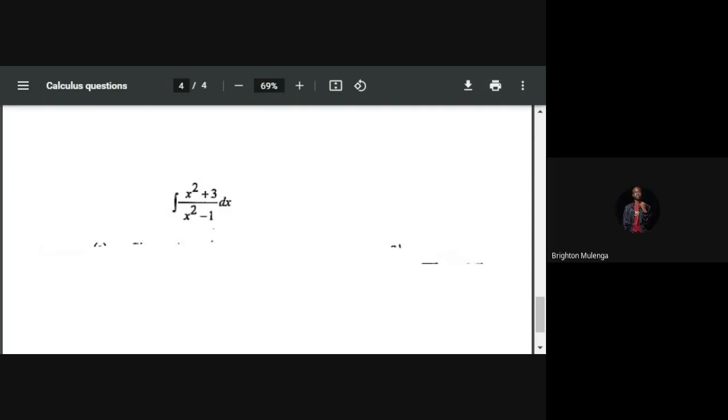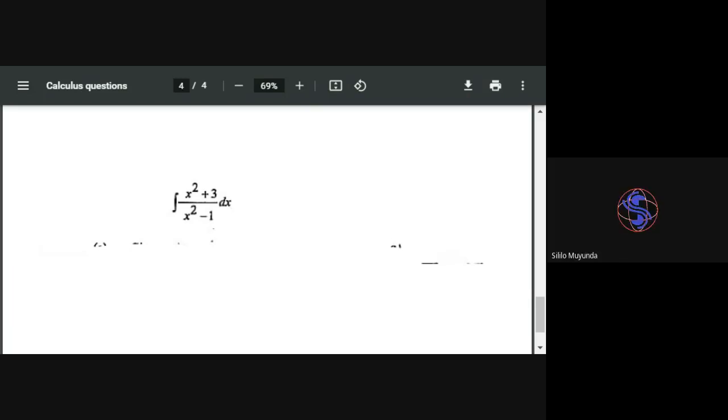I'm not sure how to solve this. I'll end up just confusing people. I was thinking we can resolve it into partial fractions.